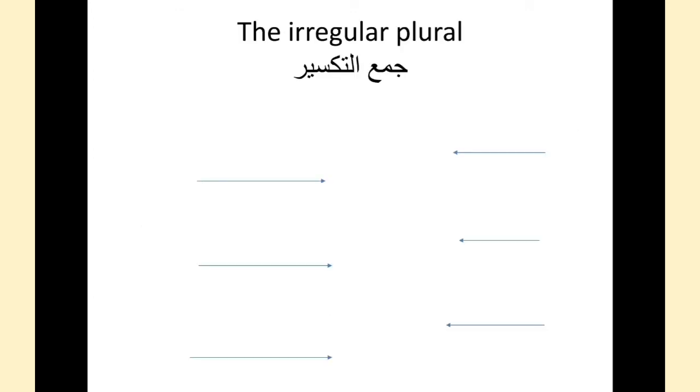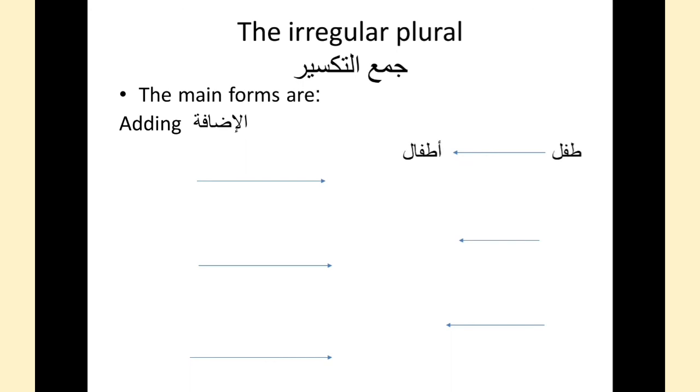Let's move on to the last one, which is the irregular plural, which means جمع التكسير. It has three forms for the plural. Okay, it has no rule, but the main forms of the irregular plural: first, by adding, which means in Arabic الإضافة, by adding letters to the noun.